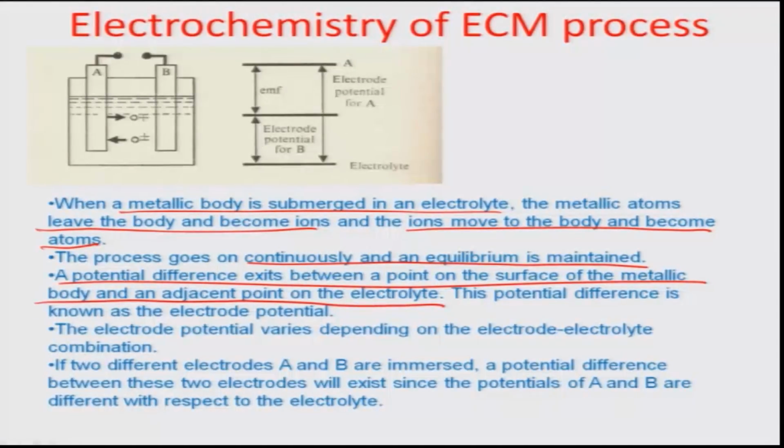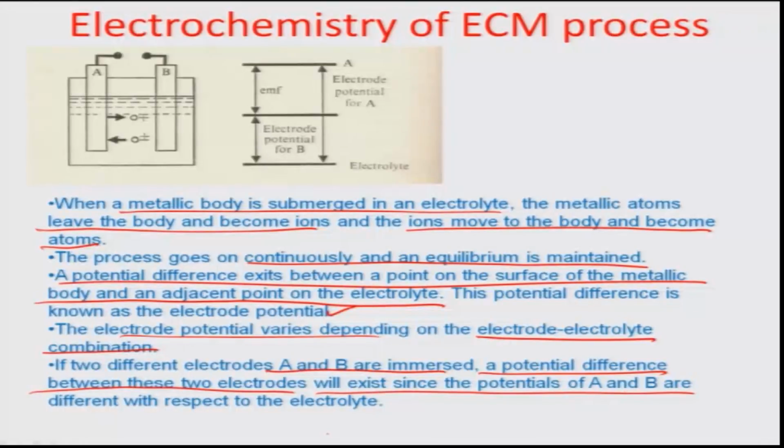This potential difference is known as the electrode potential, which is also the zeta potential, and it varies depending on the electrode-electrolyte combination. And if two different electrodes A and B are immersed, a potential difference between these two electrodes will exist, since the potentials of A and B are different with respect to the electrolyte, which may result in some kind of a current or a voltage difference between the electrodes A and B.